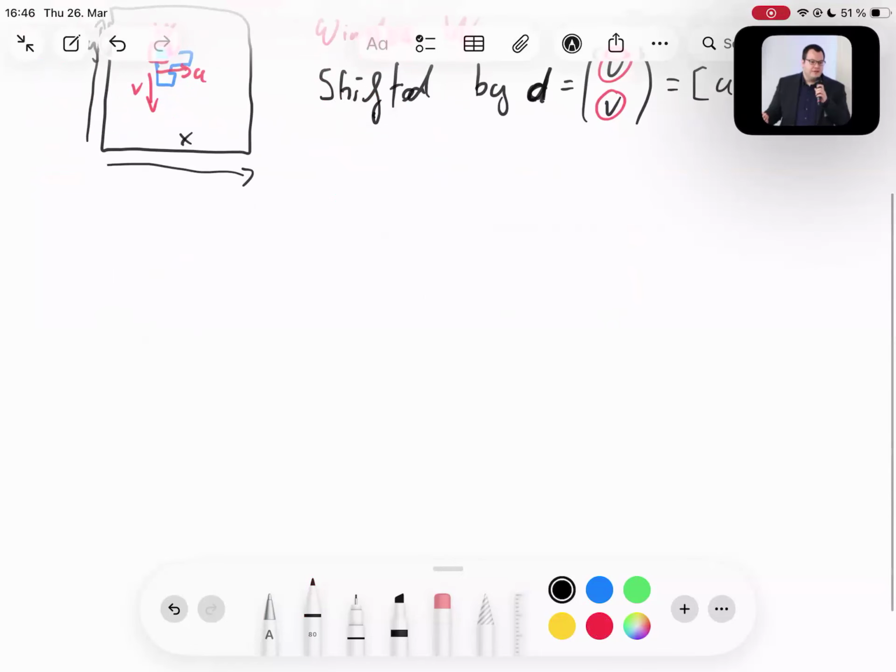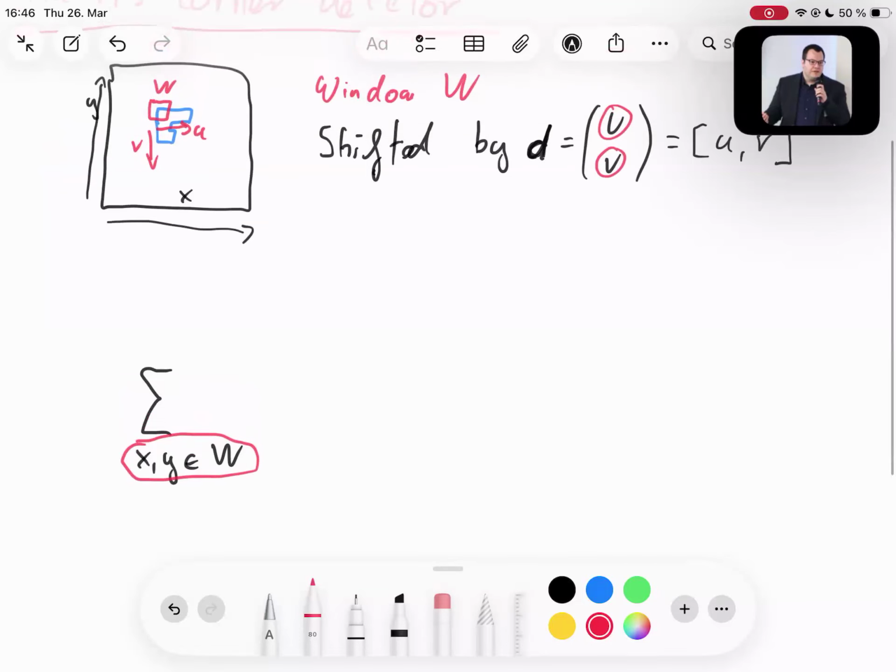So we will sum up how this intensity changes. I have a window, and the window has a certain size and multiple pixels. And that's why this XY coming out of W means one specific pixel with XY coordinate in the window, like up here where I've just put the point.